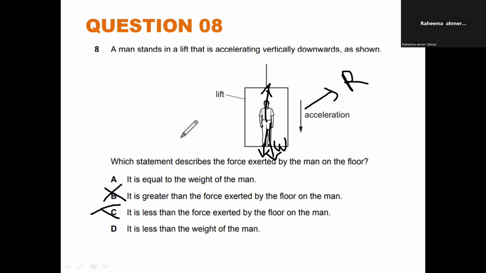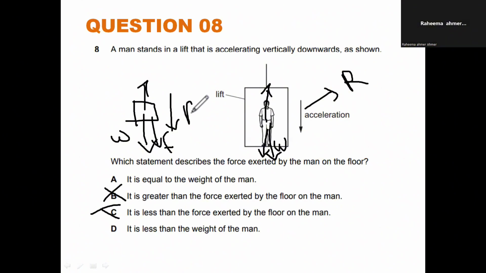For options A and D, you need to consider the situation which I'm trying to explain to you. Imagine this is a man. There are three forces acting on him, as I told you before. One is his weight. Another is the force that he is exerting on the floor. And the third is the force that the floor is exerting on the man. Now, as he is accelerating downwards, the resultant force must be downwards.